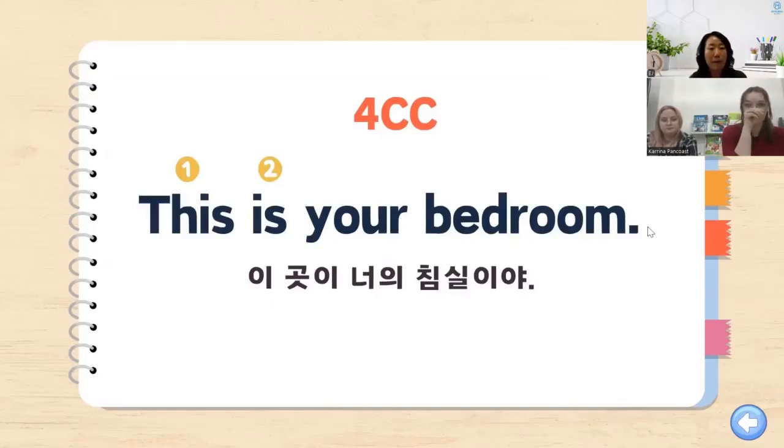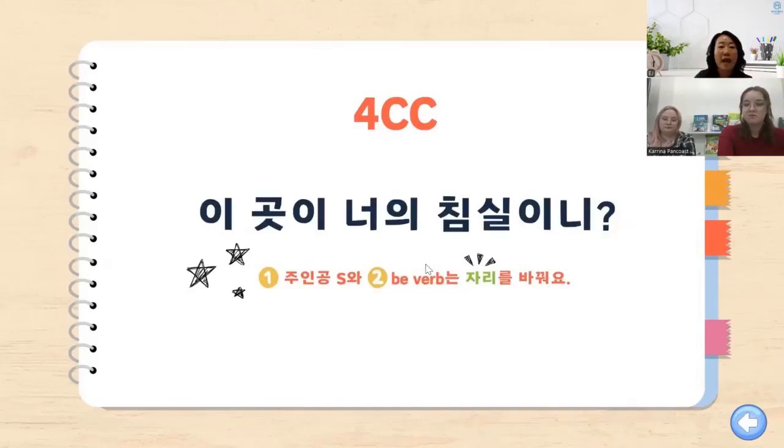However, they don't understand or they can't make it work 100% right away after learning one unit. It takes time. First day, maybe they can do half of the sentence after learning this part. Okay, for example, this is your bedroom, and then it asks, can you make a question sentence?